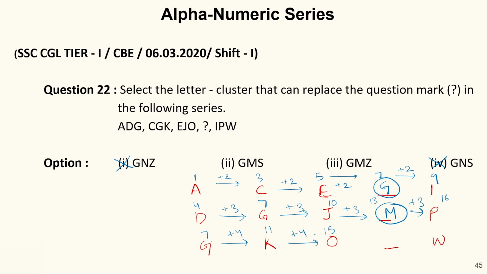So we'll increase it by 4 positions. We'll get the 19th position, and the 19th position is S. Let's check. If I increase 4 positions from the 19th position, we'll get the 23rd position, which is W. So our answer will be G, M, S, which is option number 2. So option number 2 is your correct answer to this question.